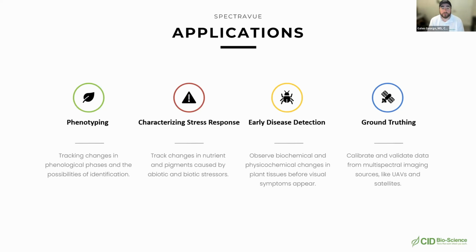And then another great application for this handheld spectroscopy is ground truthing. You can use this in tandem with UAV or drone imaging, multispectral imaging, or satellite images to go out and ground truth.